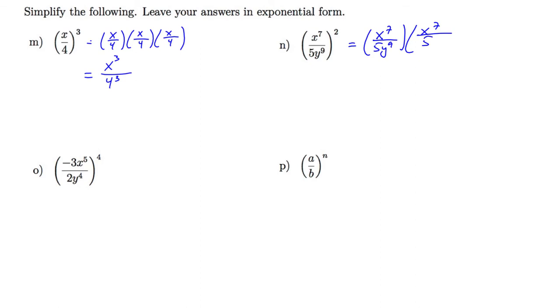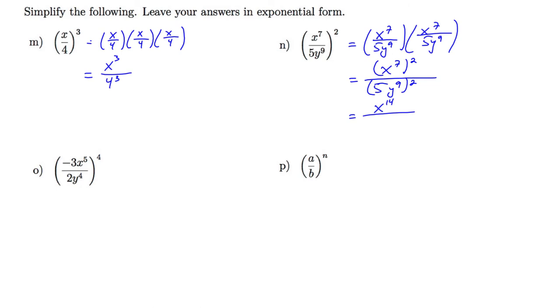And we know when we multiply something by itself, that's really saying x to the 7th squared over 5y to the 9th squared, because we multiply the numerators together, and separately we multiply the denominators together. Using our exponent rules for multiplication, I know x to the 7th quantity squared means I'm going to multiply that 7 and 2, which will give me x to the 14th in the numerator.